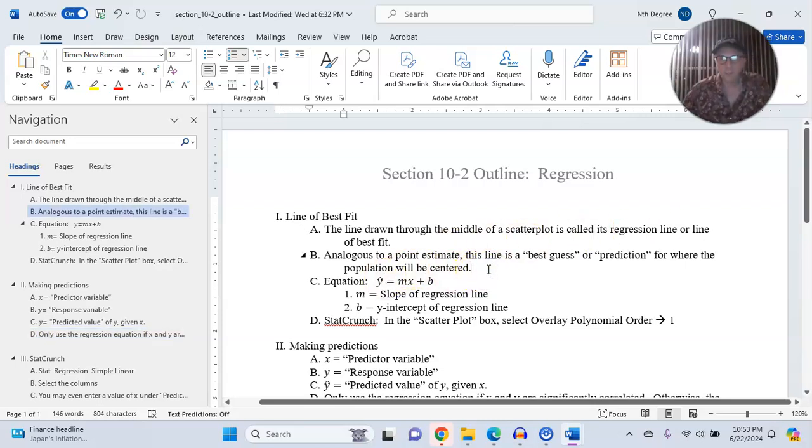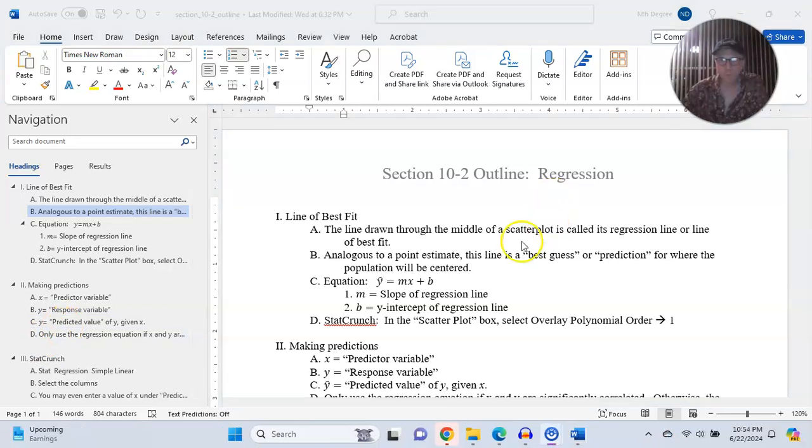Analogous to a point estimate, this line is a best guess or prediction for where the population will be centered. One thing that we've done in this course is to construct confidence interval estimates for one variable. Those were graphed on a one-dimensional number line.